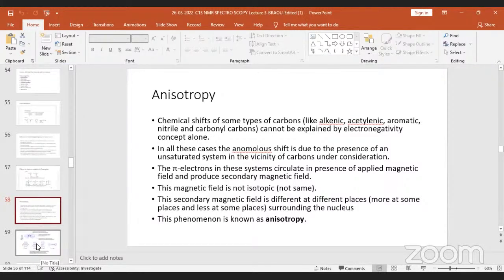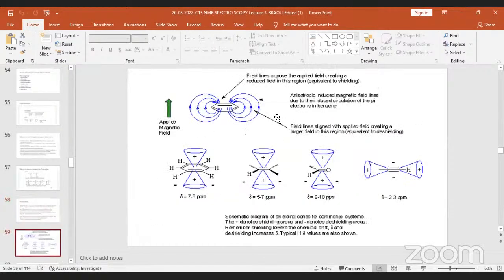Isotropy means the same everywhere; anisotropy means it is not the same. Like here in benzene, the pi electrons' ring current circulates and generates a secondary magnetic field. It is anisotropic: above and below the benzene ring, the effective magnetic field opposes the applied magnetic field, and at the periphery, it reinforces the applied magnetic field.